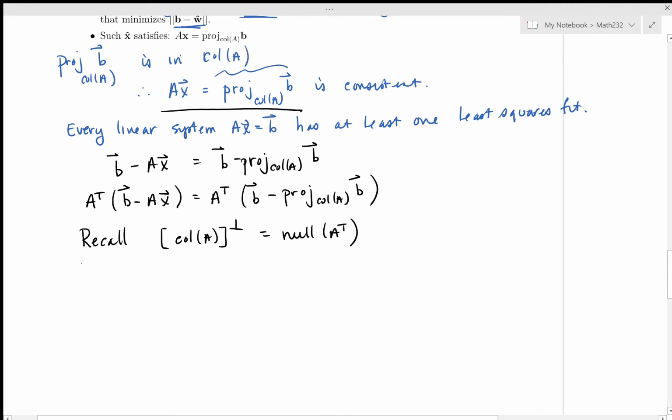Also, we will recall, we just saw earlier that the vector B can be written as the sum of two vectors, one of which is a projection onto the column space, and the other which is a projection onto the orthogonal complement of the column space.